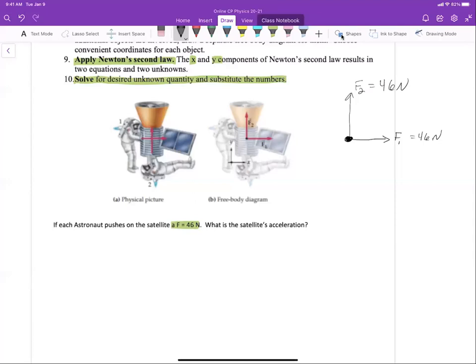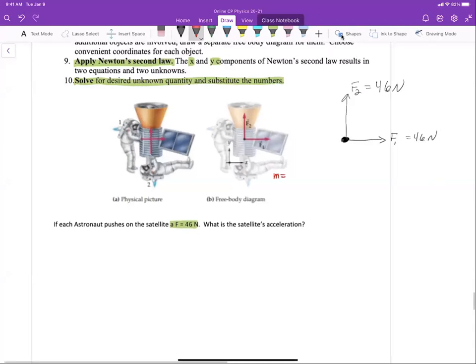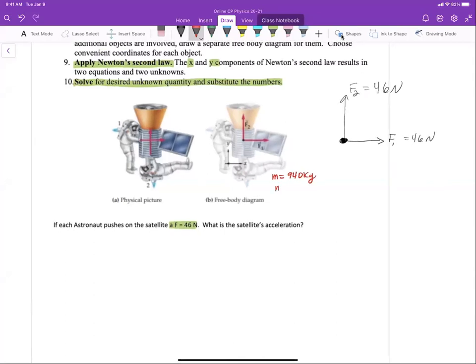Okay, I've just found the mass of this satellite, which was left off and should not have been left off. The mass of that satellite is 940 kilograms.